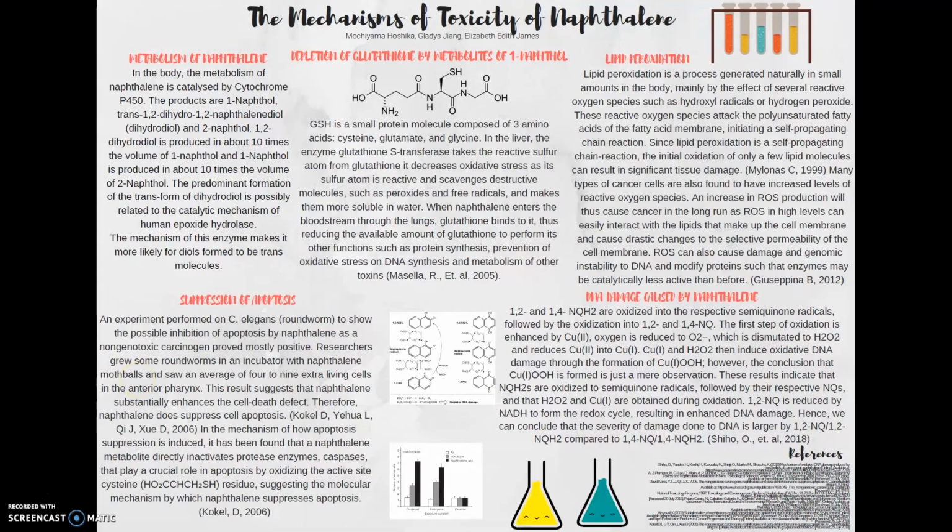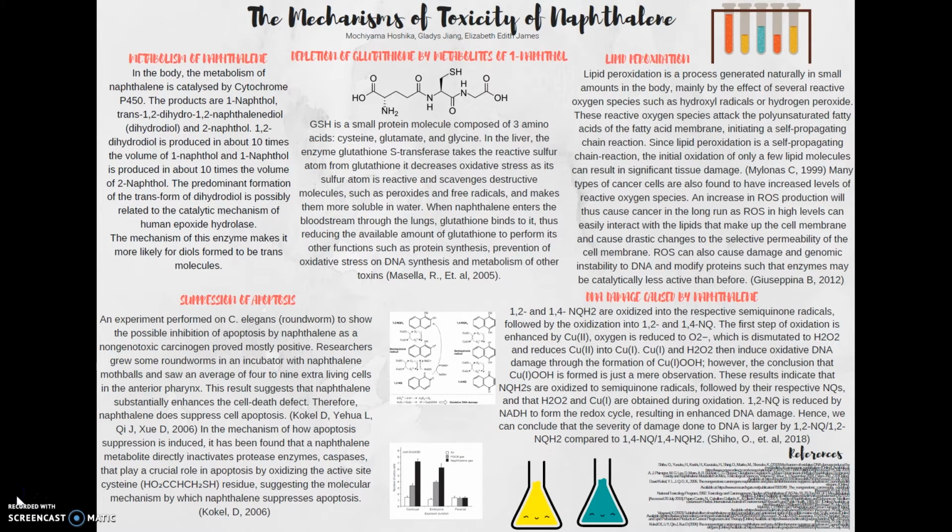So moving on to DNA damage caused by naphthalene. The naphthalene metabolites 1,2-NQH2, which stands for 1,2-dihydroxynaphthalene, 1,4-NQH2, which stands for 1,4-dihydroxynaphthalene, 1,2-NQ, which stands for 1,2-naphthoquinone, and 1,4-NQ, which is 1,4-naphthoquinone, all cause DNA damage. The metabolites of naphthalene 1,2 and 1,4-NQH2 cause damage in DNA in the presence of copper-2 ions.